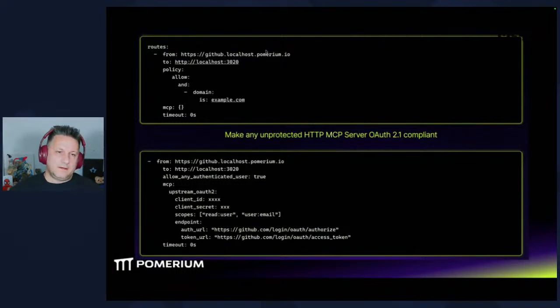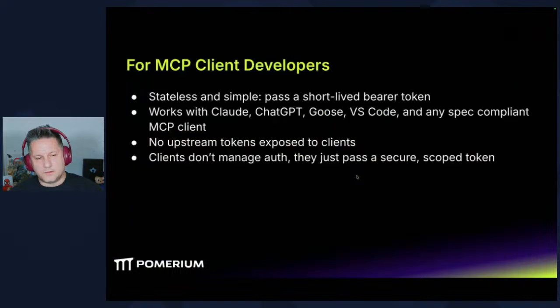So you can see here, this is my from route, and then assuming the policies pass, I actually get access to the internal resource, for example, localhost 3020. And if I want an upstream service that I want to access with OAuth, like I was mentioning before, you don't need to implement these things. You do still have to create the OAuth app, but all you need to do is provide the client ID, secret, the scopes, and the necessary endpoints.